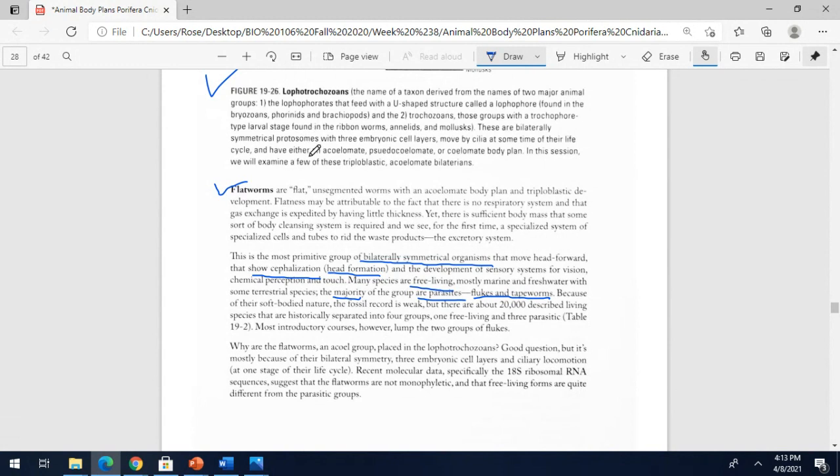There we go. We were talking about the different types: acoelomate, pseudocoelomate, or coelomate. That's when we're talking about all of them. But in this particular case of the flatworms, they are acoelomate. They do not have a coelom.